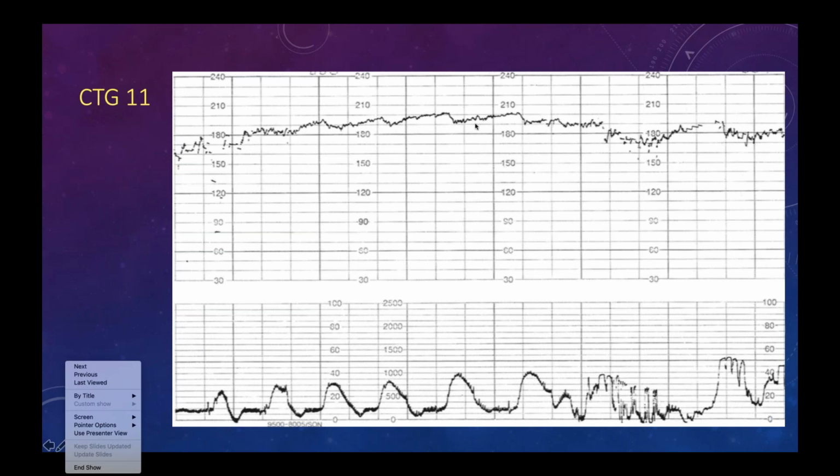Variability is less than 5, but it has to be less than 5 for more than 30 minutes to be NR, and this is not a 30-minute trace. So according to this trace you cannot put variability into an NR feature. Acceleration and decelerations are not there. Fine, okay, ma'am.